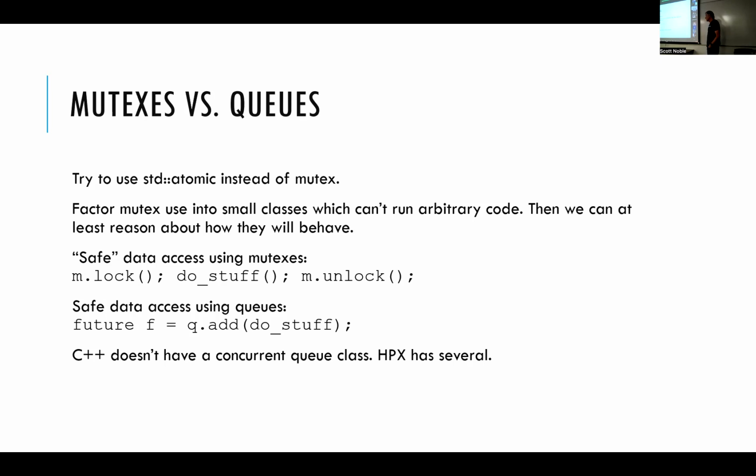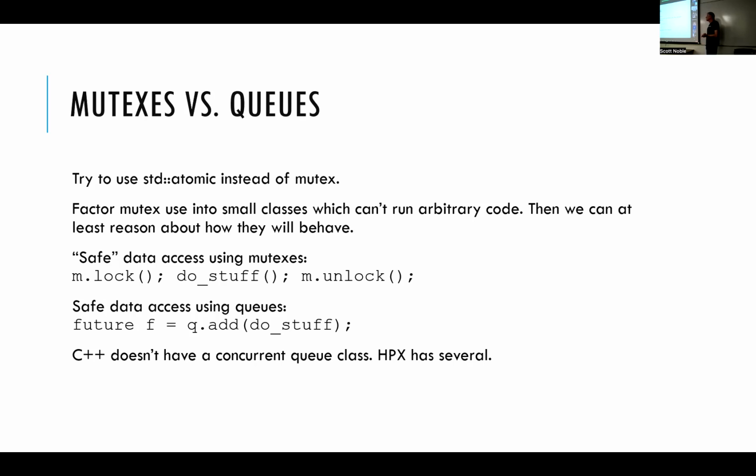If I don't know exactly what that function is doing, then I'm going to be in trouble. All I'm trying to say is you have to know exactly what's going on in there. You can't allow code that isn't part of your analysis to come in there. Otherwise, you get into this problem with mutexes: they're not composable. You can't figure out whether it's safe in general.